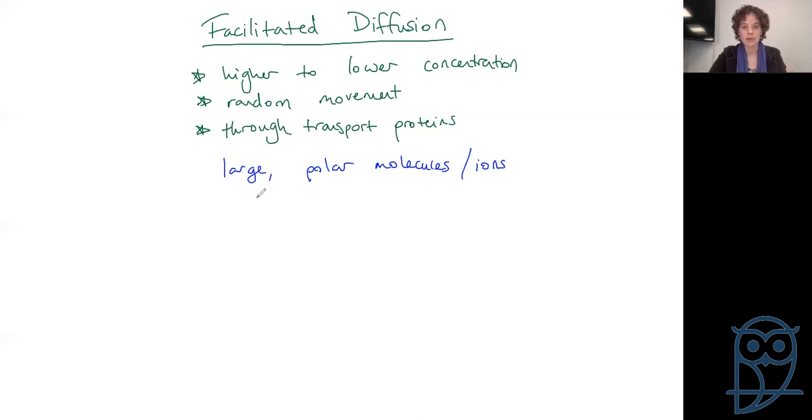Okay, so it could be large ions, because ions, of course, are polar. So sucrose, for example, comes through by facilitated diffusion. Sucrose is large. Hydrogen ions come through by facilitated diffusion. They are polar. Okay, so we're getting bigger and more polar, not just one or the other or both combined.